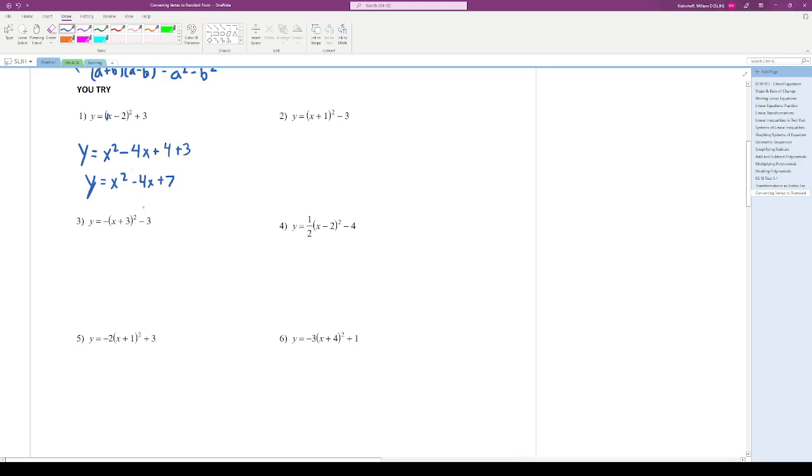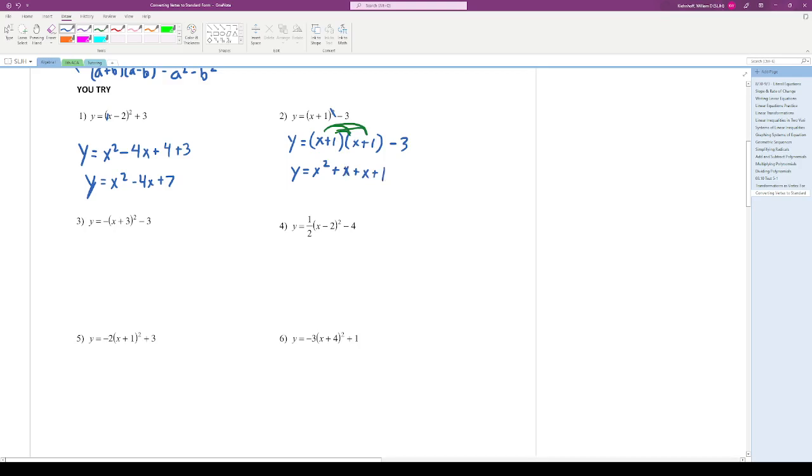So I'm going to go back to doing the double distribution model for the next one. So we have y equals (x plus 1) times (x plus 1). So remember, we get rid of that squared and actually explicitly write out x plus 1 times itself, and then minus 3. So doing my double distribution from x to x, x to 1, 1 to x, 1 to 1, I get y equals x squared plus x plus x plus 1.